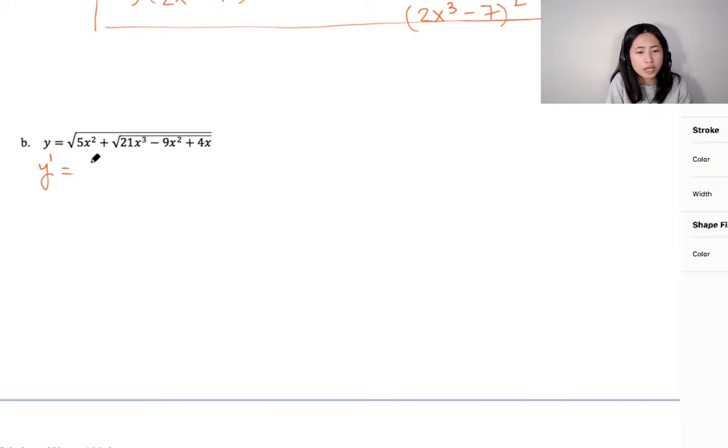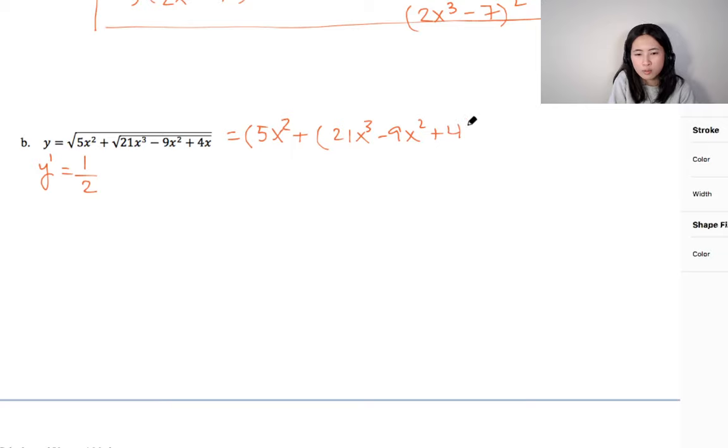So that means you're going to have 1/2, and before we find the first derivative, I think it's easier for some students if you write this out in terms of exponents as opposed to having the square root, because it gets a little bit confusing. So I tell my students that it's okay to take this step by step. So if you have 5x squared inside and then you have something else, right? So maybe this is 21x cubed minus 9x squared plus 4x.